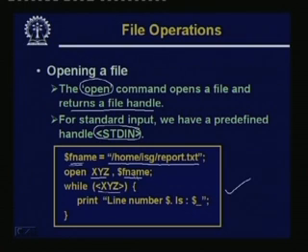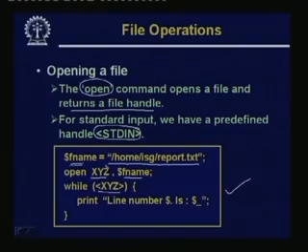See, there is a difference between xyz and angular bracket xyz, or between stdin and within angular bracket stdin. Stdin represents a file or handle, that means it is the standard input. Within angular bracket stdin means the contents of that file, whatever is there.